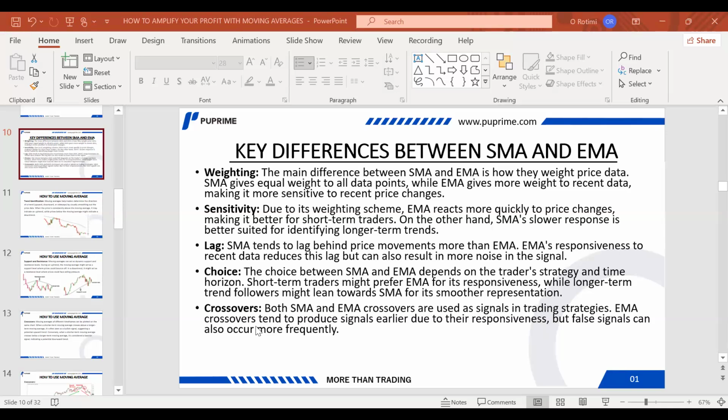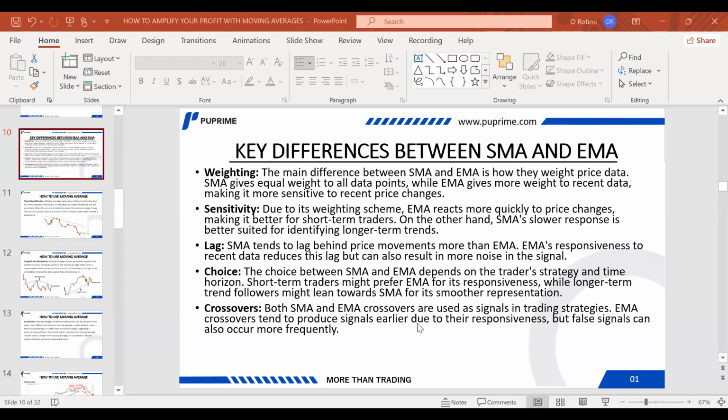And finally, in terms of crossover, both the SMA and the EMA crossovers are used as signals in trading strategies. The EMA crossovers tend to produce signals earlier due to its responsiveness, but false signals can occur more frequently.